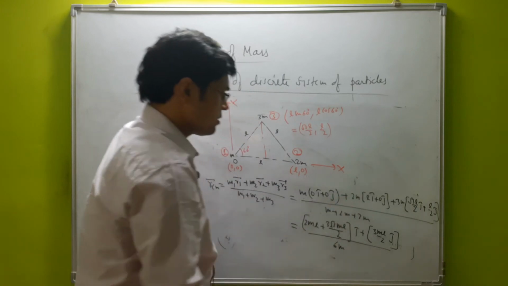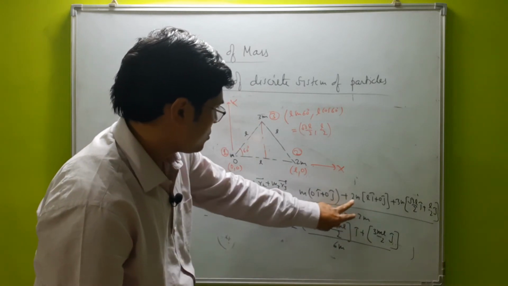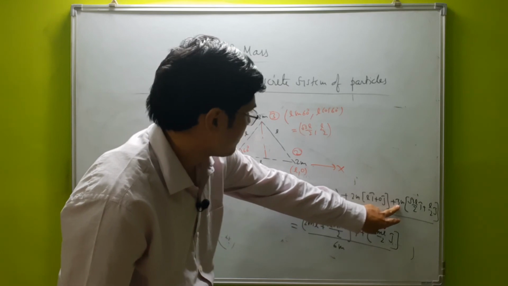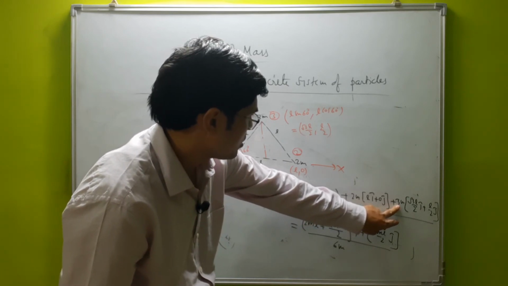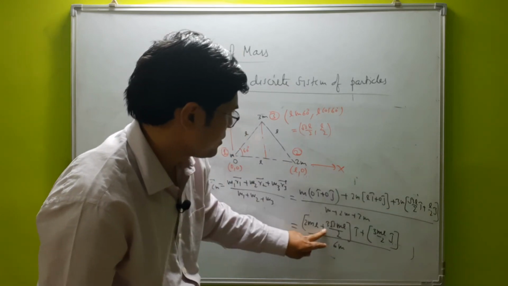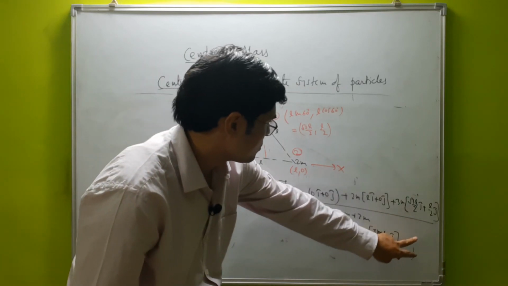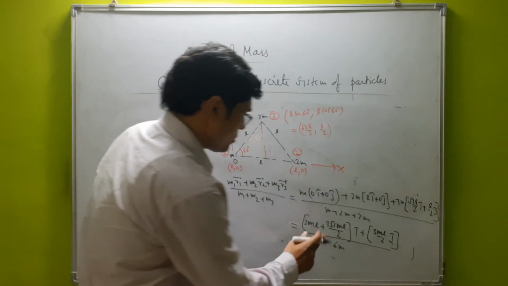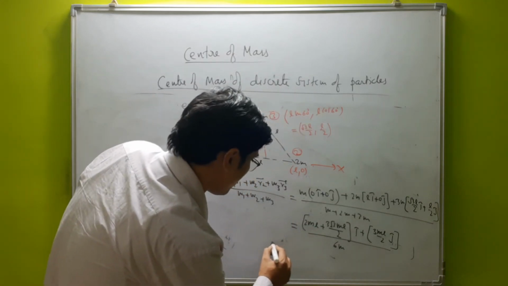So cross check your calculation. So 2mL, and 3 root 3 mL by 2, and here 3mL by 2 j cap, right? So we are good.